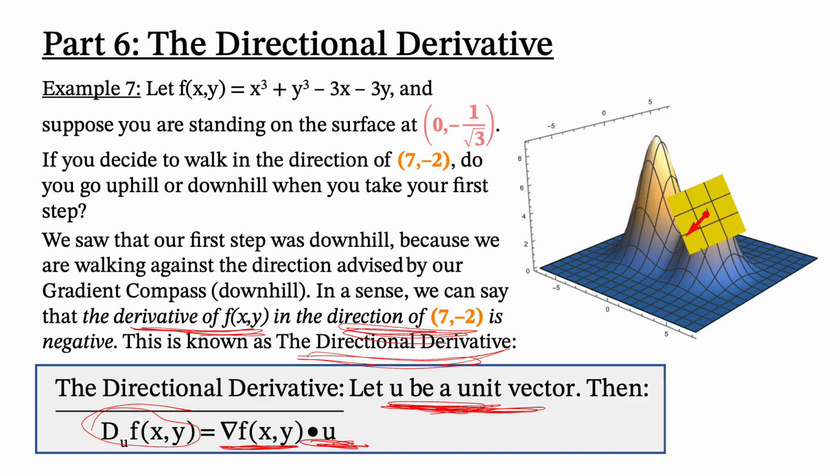The idea of a directional derivative would be if you're standing on your surface at some particular point, there's 360 degrees of directions you could walk in. So in a sense, there's 360 degrees of different slopes that you could have when you take that first step away from that point.